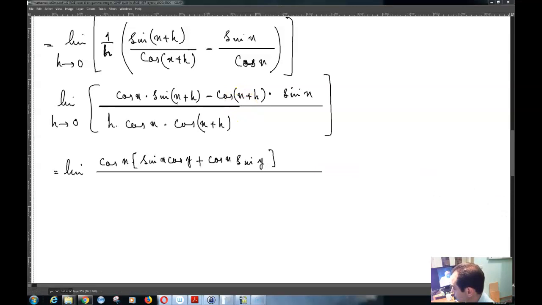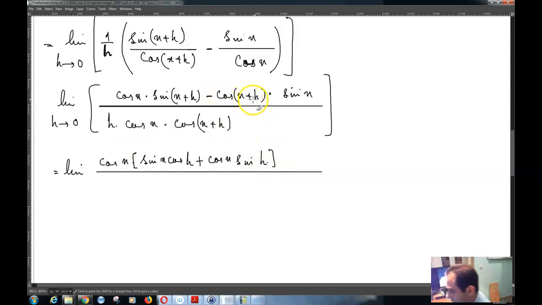Of course there is no x and y, there is x and h, so instead of y I have to write h. So there is cos x times this whole expression.